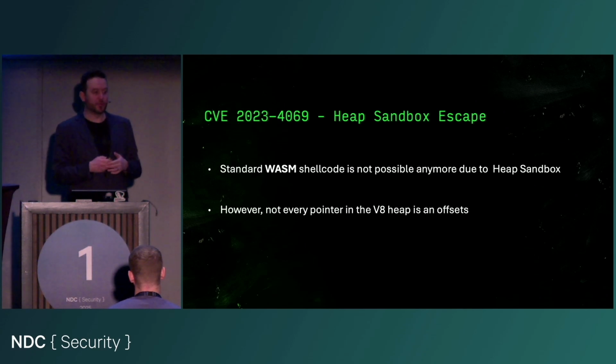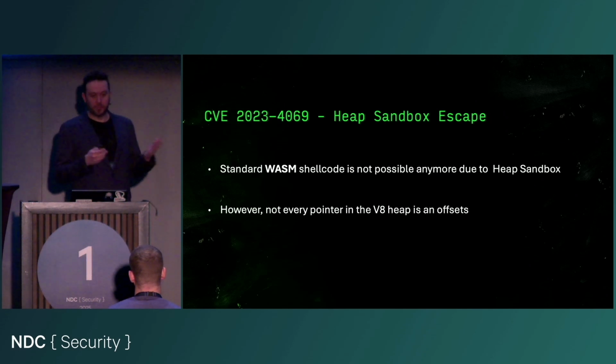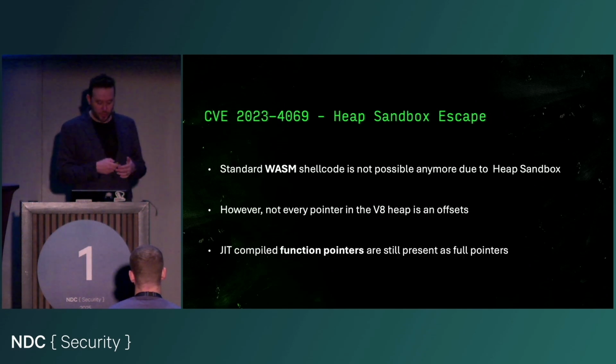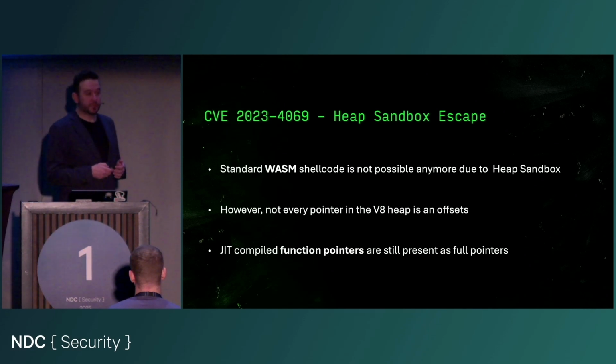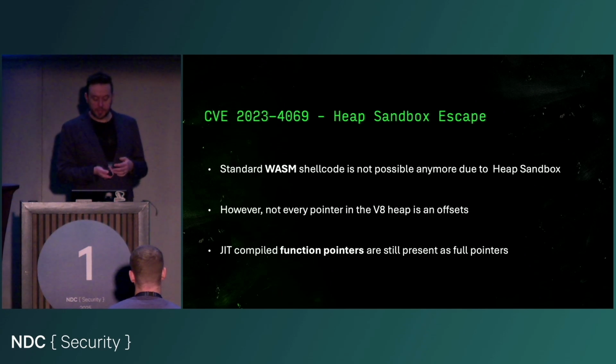Back in 2023 it wasn't perfect, so not every pointer in the V8 heap is an offset. They left some full pointers there. One of those are JIT compiled function pointers. They were still present in the V8 heap back then.